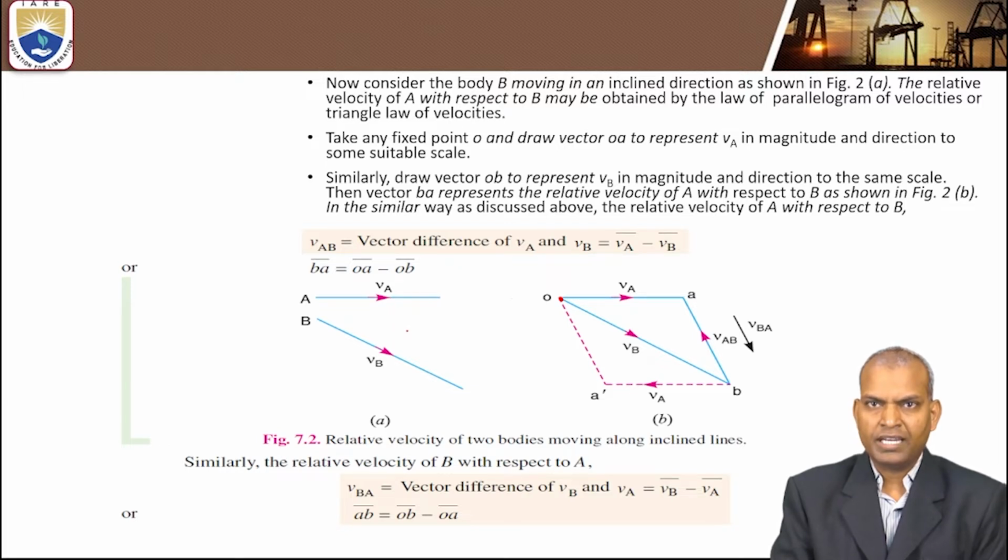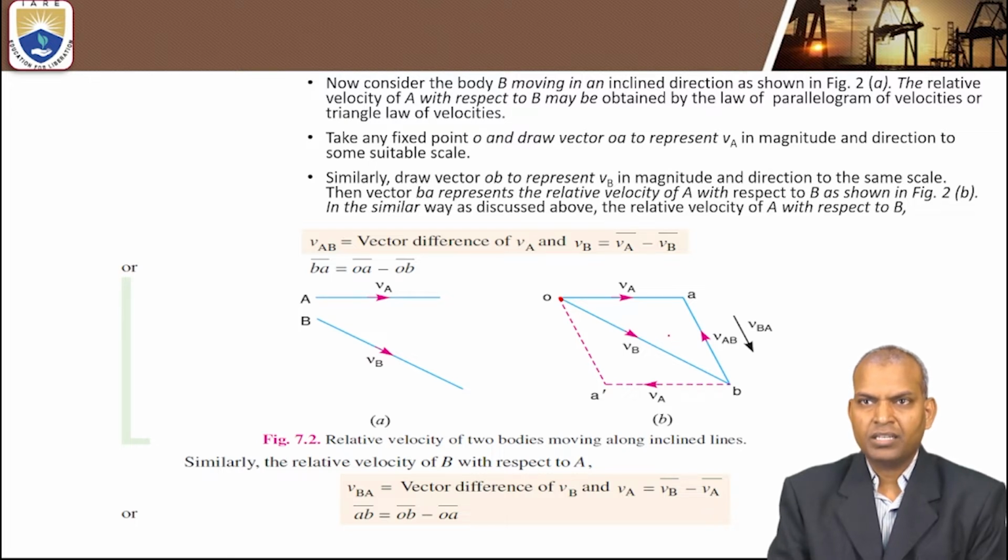Then we have to draw the lines. The relative velocity of A with respect to B comes when you join the end of B with the end point of A. This is the velocity of A with respect to B, VAB.